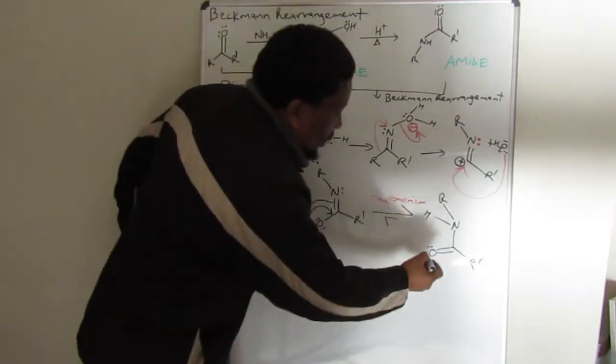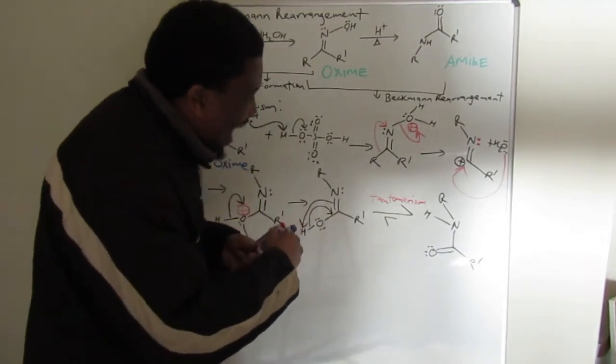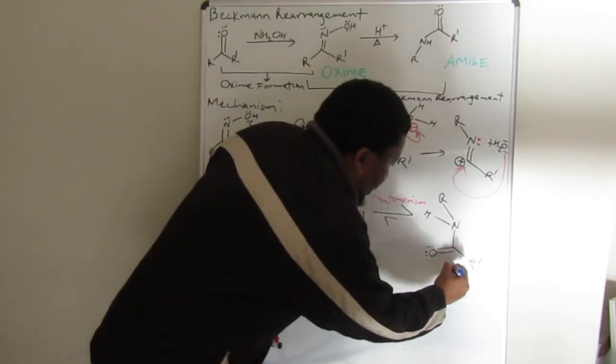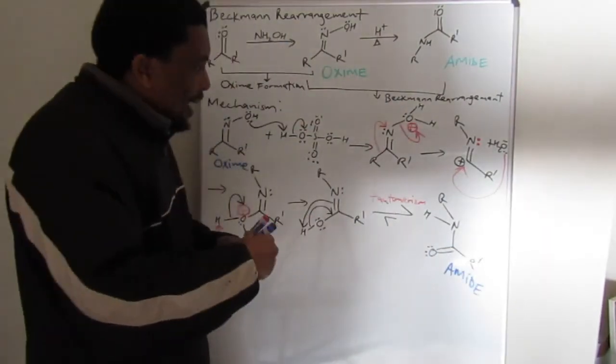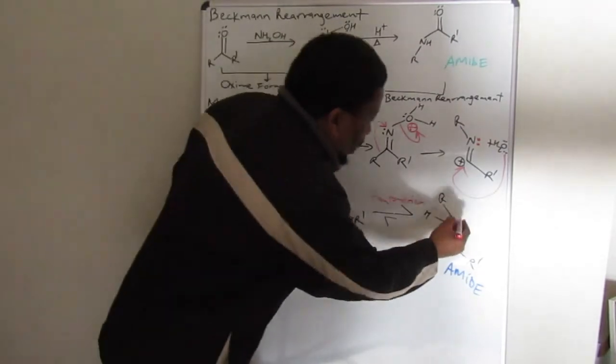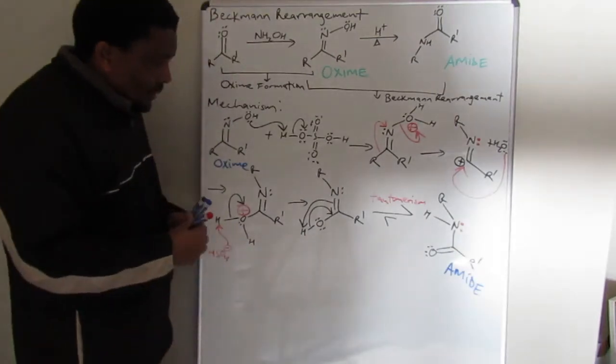So we have now generated an amide, with this nitrogen having only one lone pair.